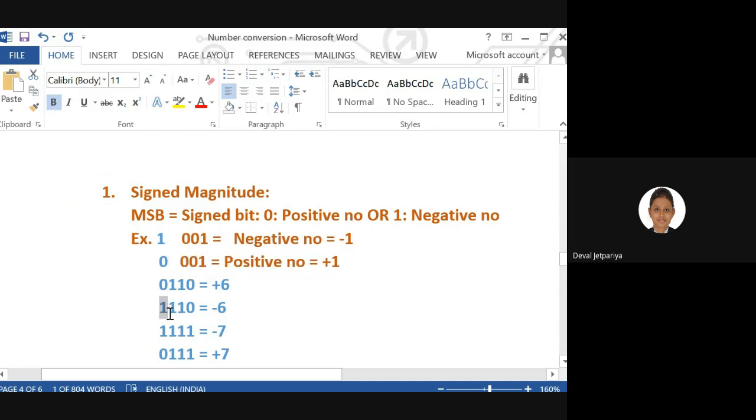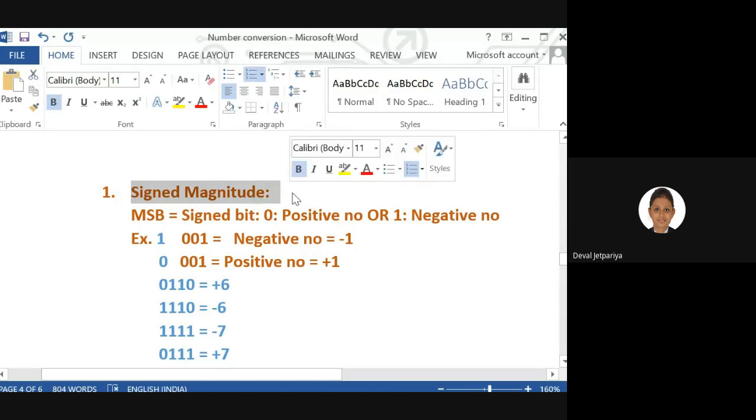Suppose your number is negative, the first bit you write is 1. So with a sign bit, suppose your value has 3 bits, then you actually need to use 4 bits. Why? Because the first bit is used to represent the sign. So your actual number has 3 bits only, but the first bit you use just to allocate the sign. So that is in case of sign magnitude.